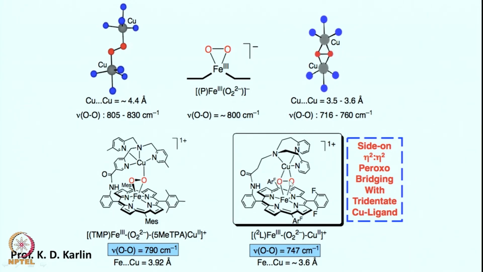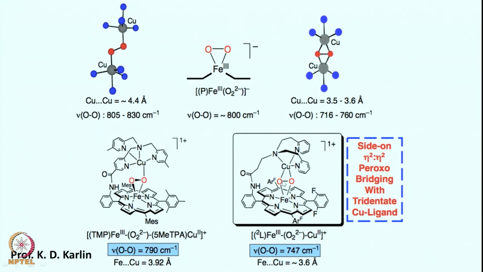Actually now there are some evidences which suggest that this is likely to be the correct orientation. So you see the oxygen stretching and iron copper distance can now be measured by different spectroscopic techniques, and although the crystal structure does not exist, the side on peroxo bridging with tridentate copper ligand is most likely the scenario, I would say.